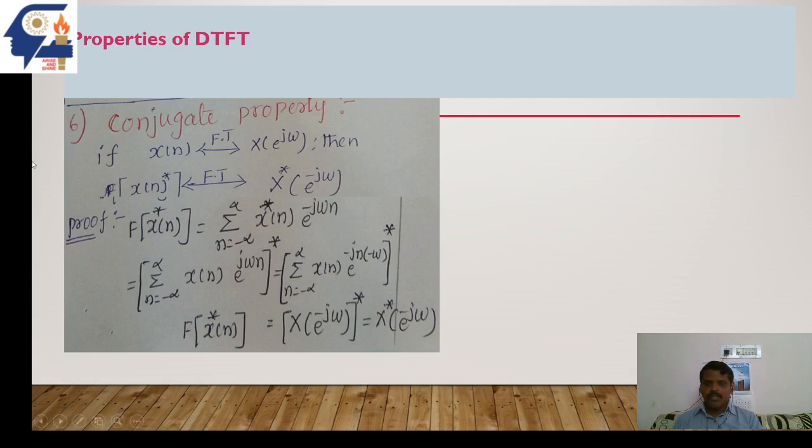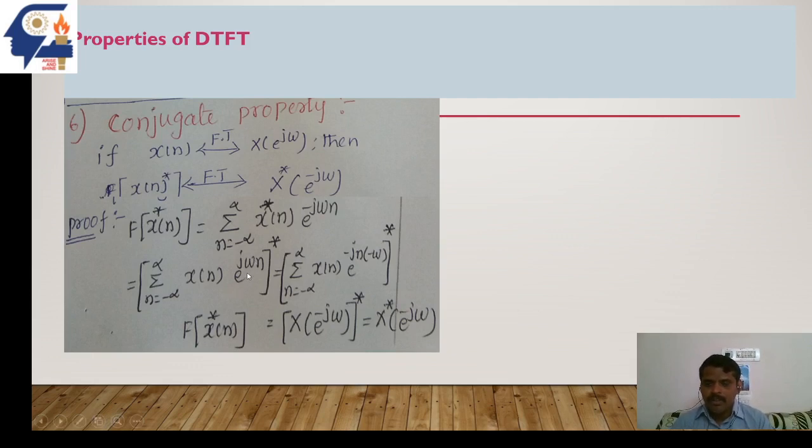So summation n equal to minus infinity to plus infinity x of n e power... When you take the conjugate, whole star, then e power minus j omega n will become e power plus j omega n, because x of n is real. So that's why whole star. Now in general, this is not X of e power j omega.